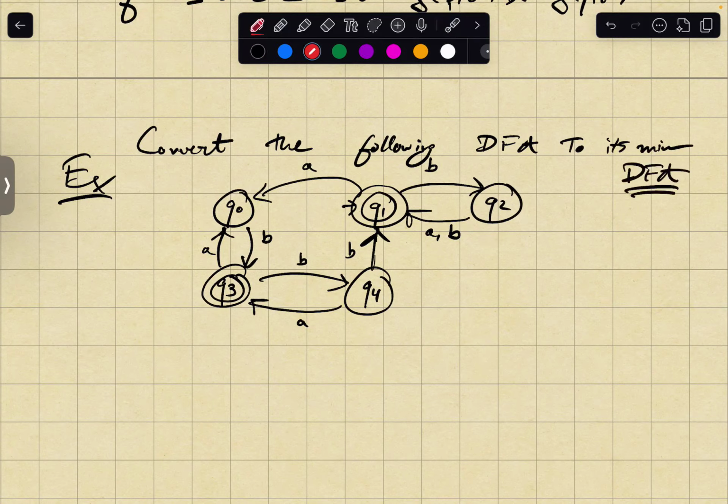And just in case you forgot, minimal DFAs are unique, right? So it's perfectly fine for me to say the minimal DFA for this regular language, because there's only one up to relabeling of the states. Okay.